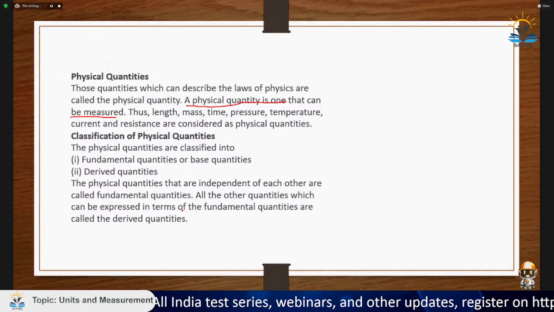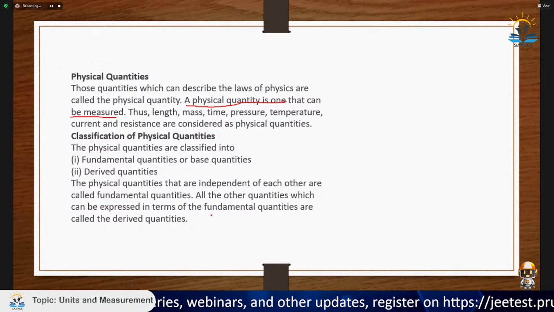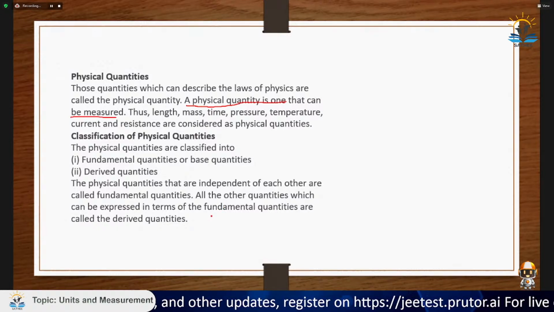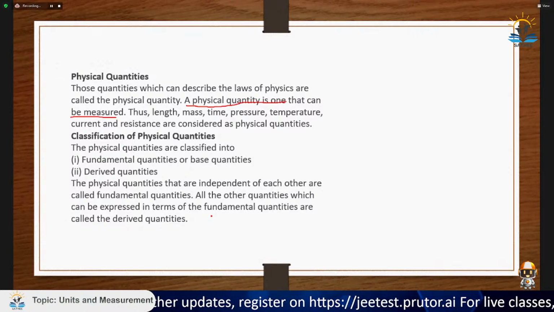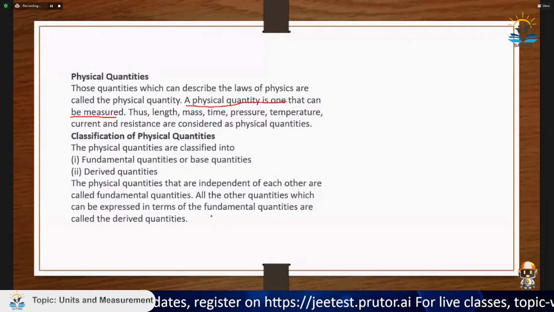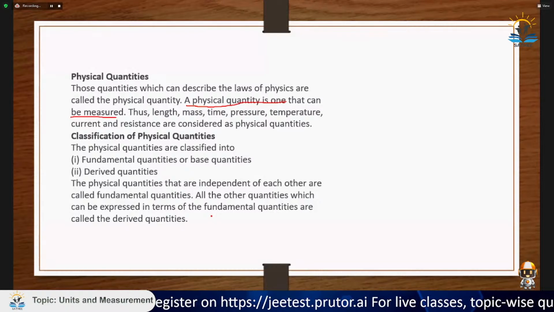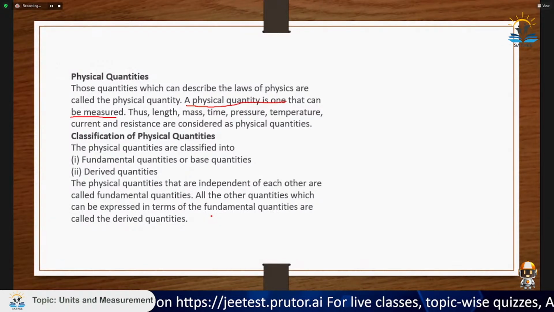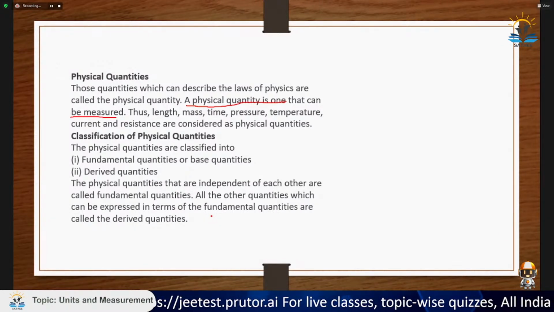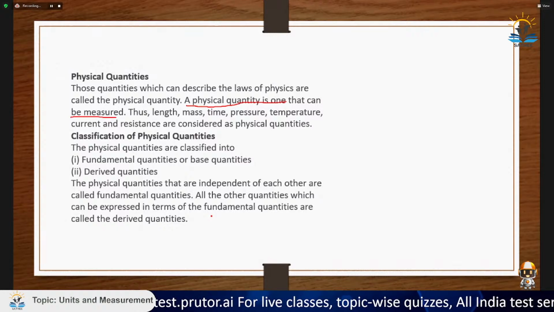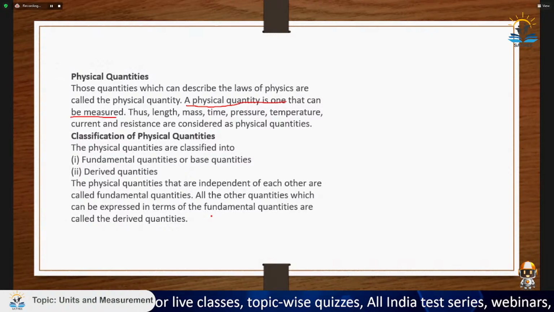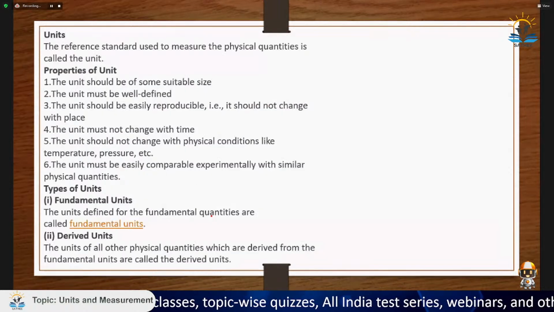All the other quantities which can be expressed in terms of fundamental quantities are called derived quantities. It is like using something to make something else. The thing which we are using is fundamental, and the thing which we are making is a derived quantity.